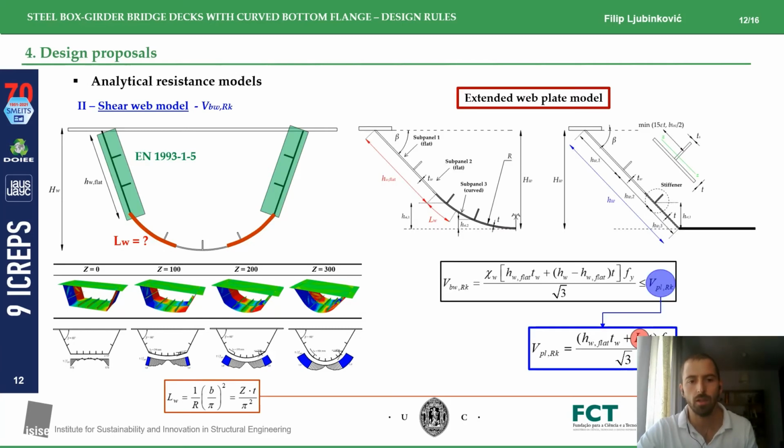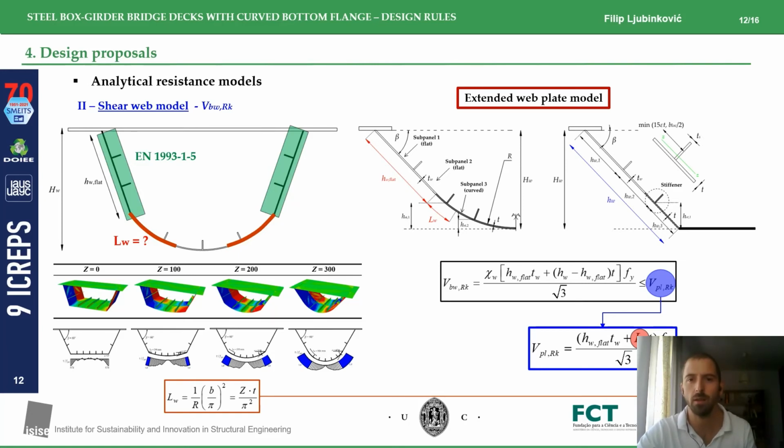And then using this formula, we proposed a so-called extended web plate model. Why is it called like that? Because we extend this flat part of the web, so this green zone, onto this horizontal imaginary line, so that we convert this realistic geometry into this fictive trapezoidal cross section, and then we apply the rules of the Eurocode onto this extended web.